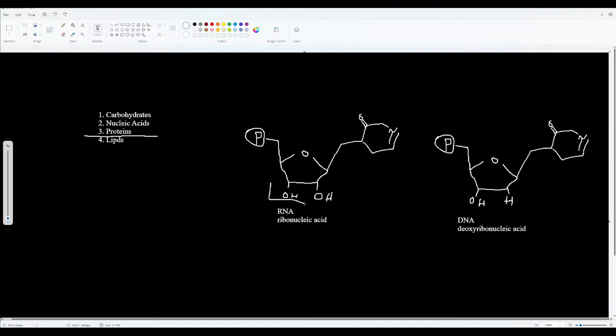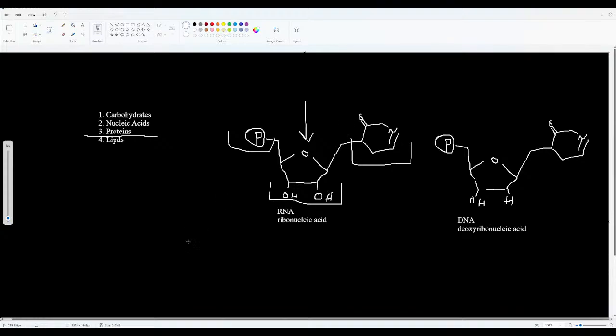Like I said, we have three portions of a nucleotide. We have the phosphate group here. We have the nitrogenous base, which we'll talk about here in a second. And we have the sugar. This sugar is called ribose, right?